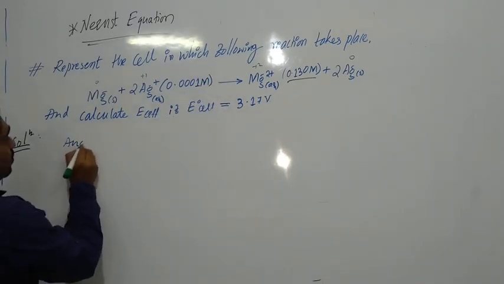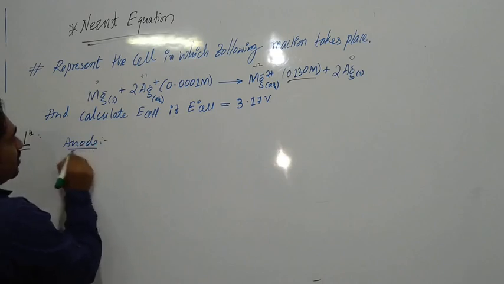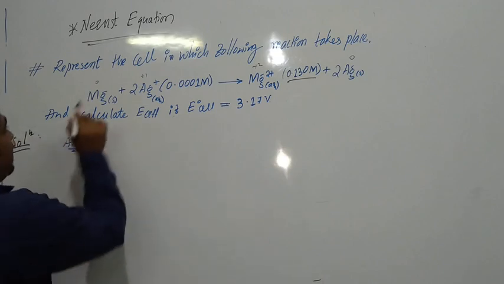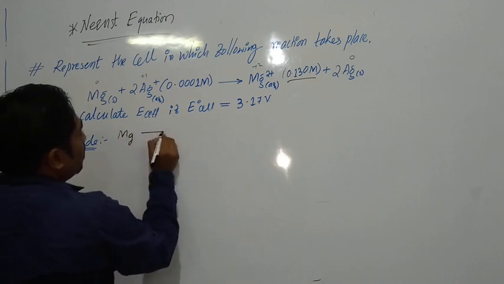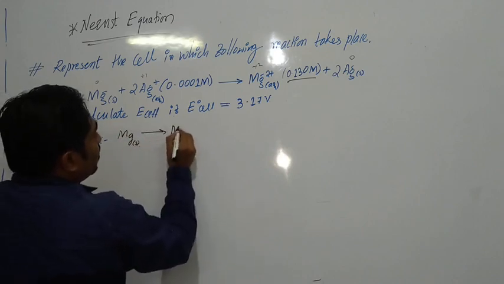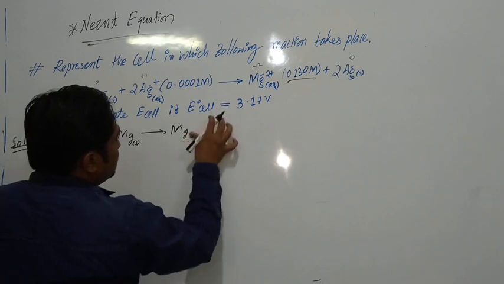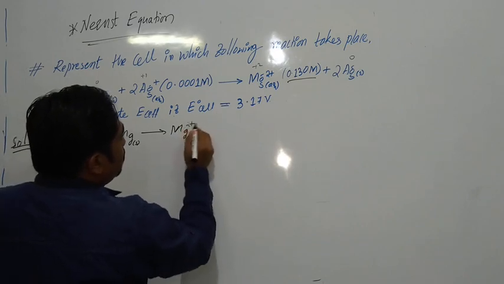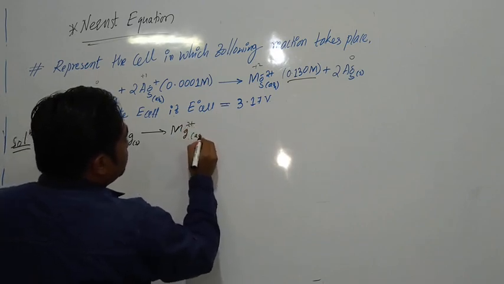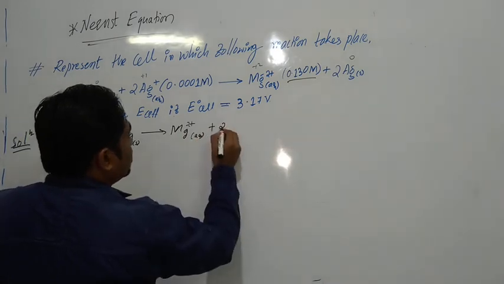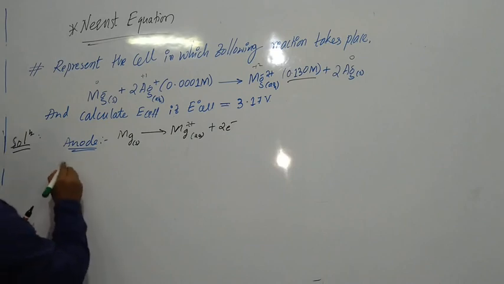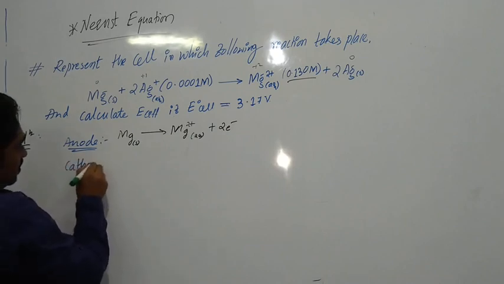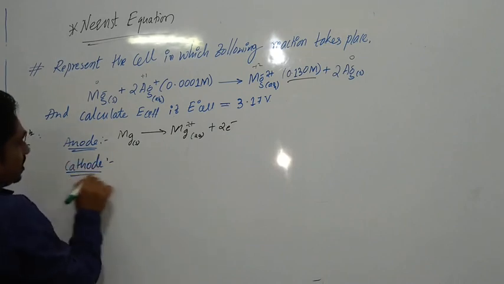So at the anode I have magnesium gives Mg2+ plus 2 electrons. So this is my anode. Then what about the cathode? At the cathode, which reaction takes place?